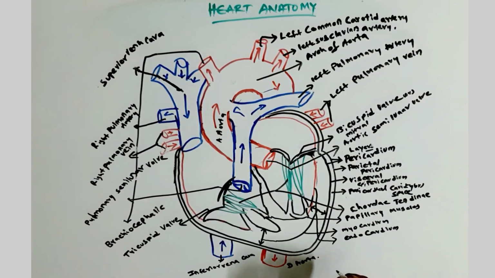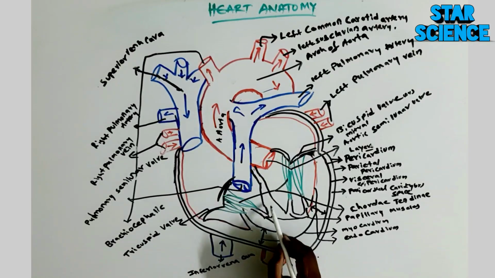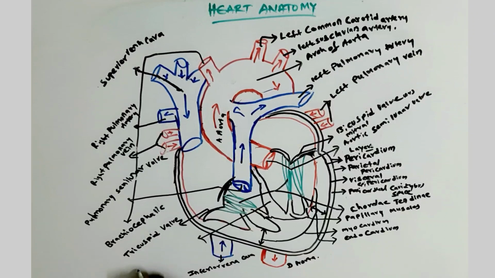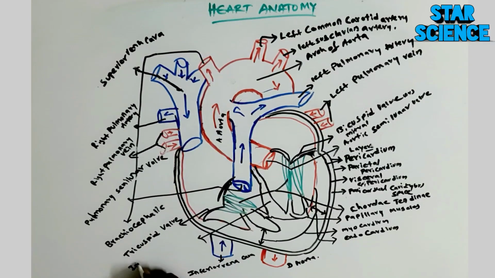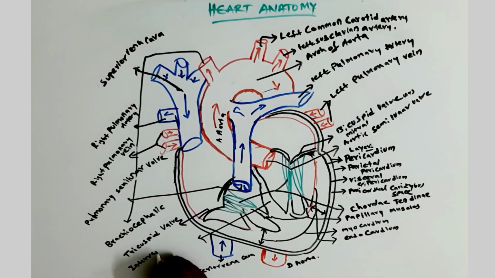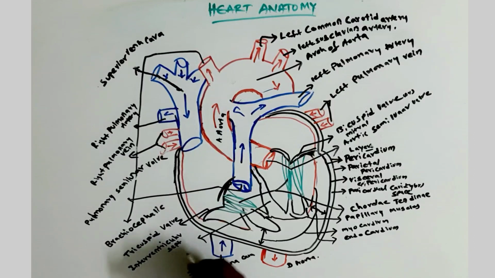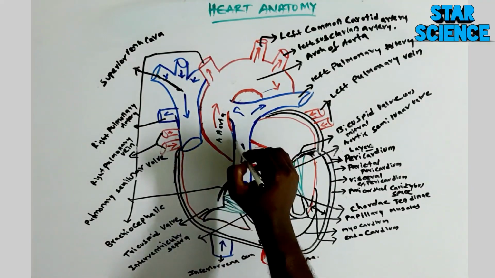Next we are talking about the division of the right and left chambers. I am showing this particular region, which is called the interventricular septum. This interventricular septum is used to divide the right and left ventricles. It is useful for separation of CO2 and O2 blood.